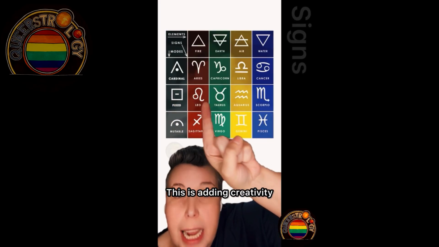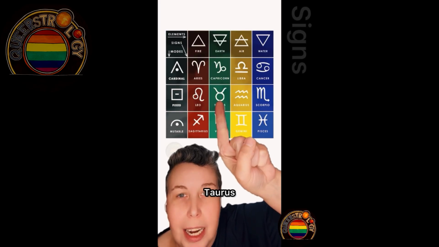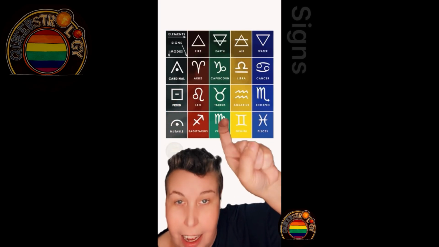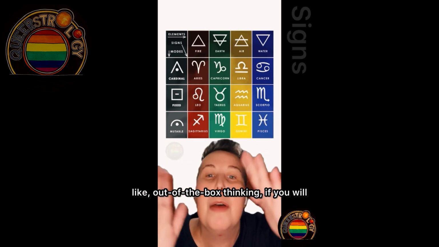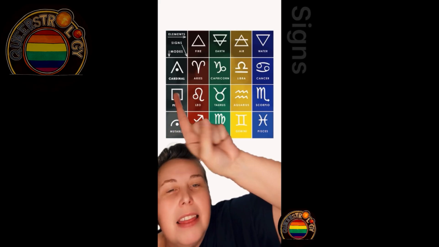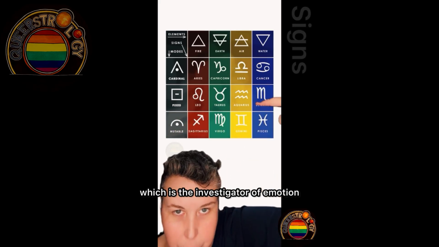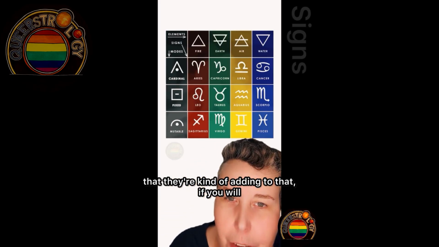This is adding creativity to passion. You see that? Taurus, it's adding security to structure. Aquarius, we add the unique intelligence, like out of the box thinking, if you will. Then we have Scorpio, which is the investigator of emotion. So those are the things that they're kind of adding to that, if you will.